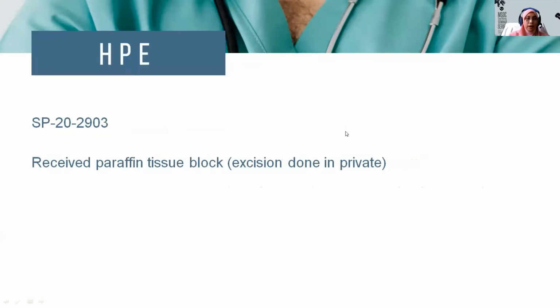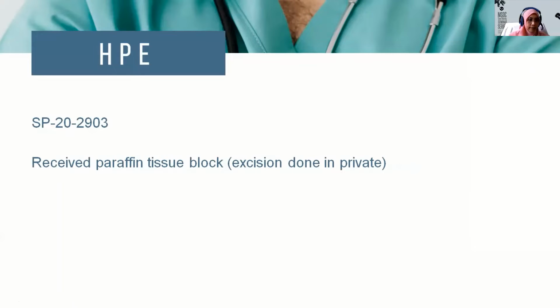After that, the patient went to a private hospital, maybe because she wanted earlier management, and they did an excision biopsy of the lump.